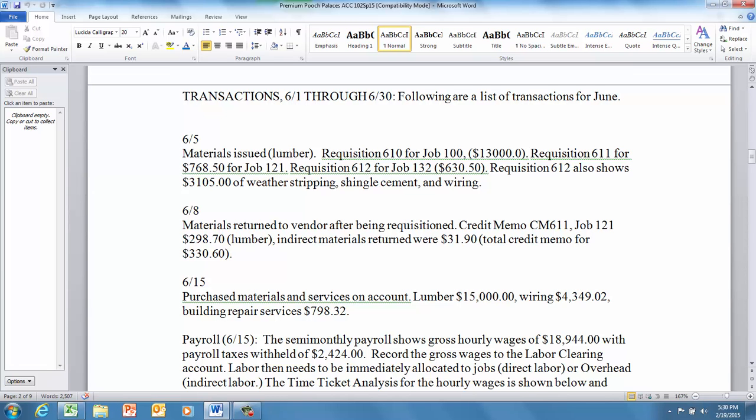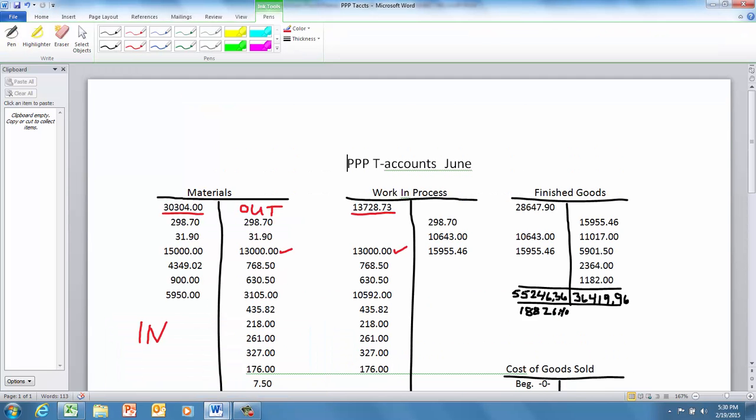Okay, requisition 611 for $768.50 for job 121, and that would also be lumber. So you would do the same thing. You would go to the T accounts. Here's your $768.50 coming out of the materials account, going into the work in process account.